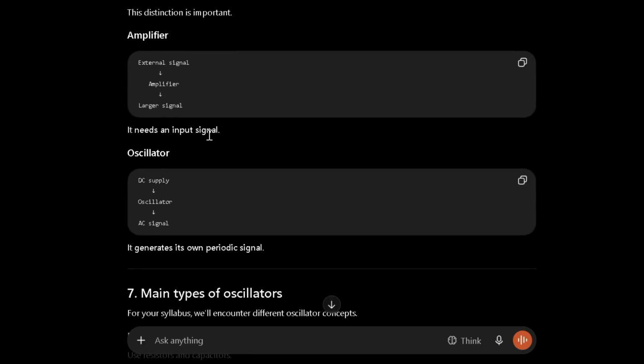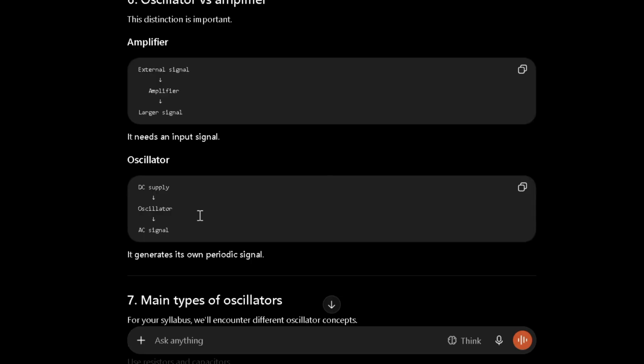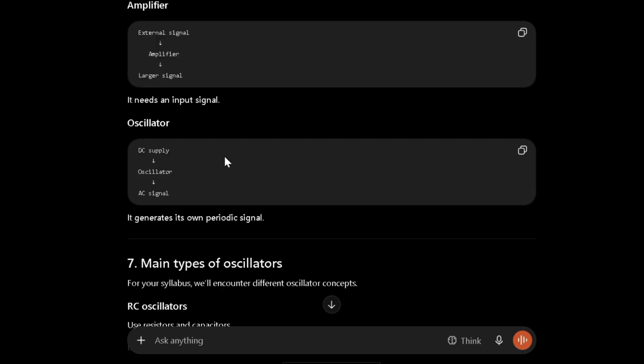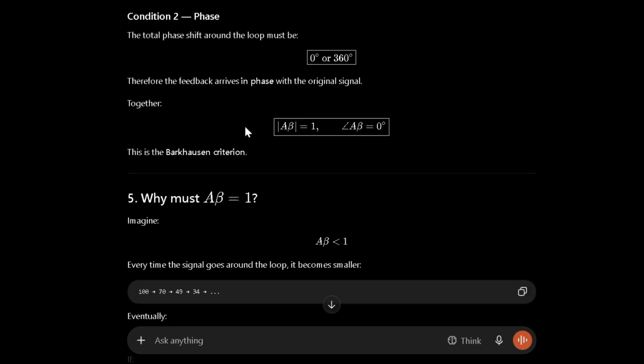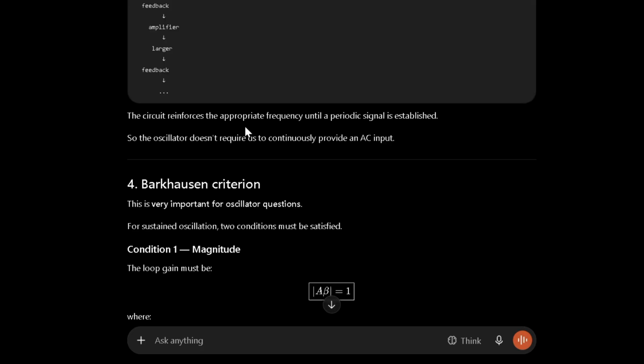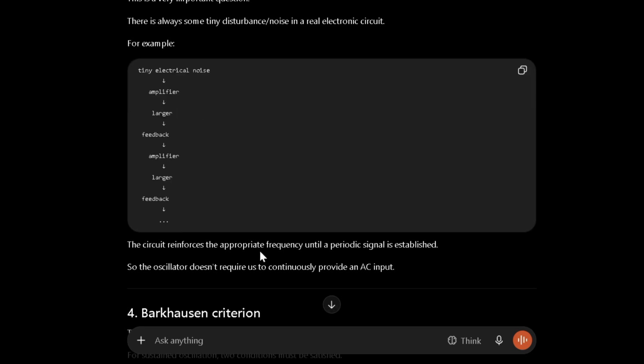What is an oscillator? An amplifier with positive feedback can act as an oscillator. Tiny electrical noise is amplified larger, fed back, amplified larger, fed back.